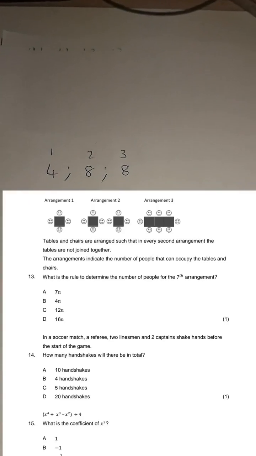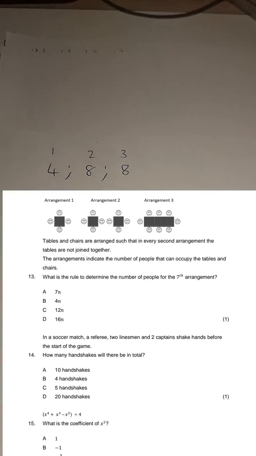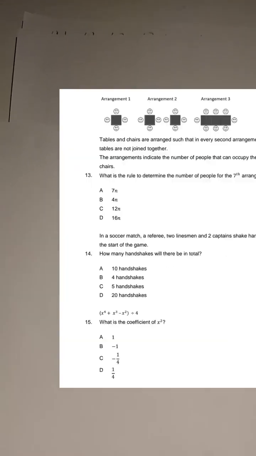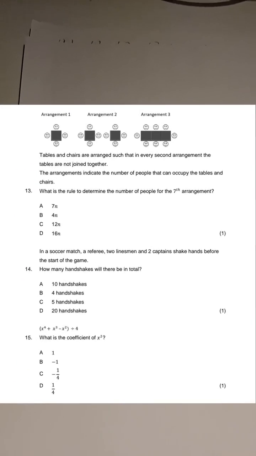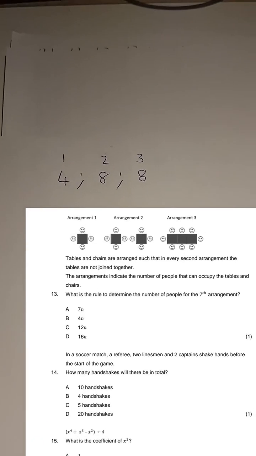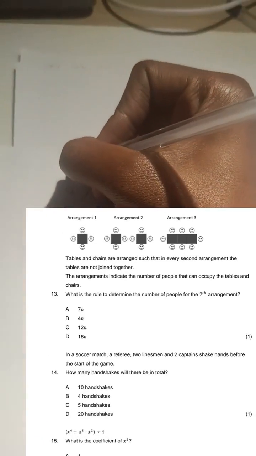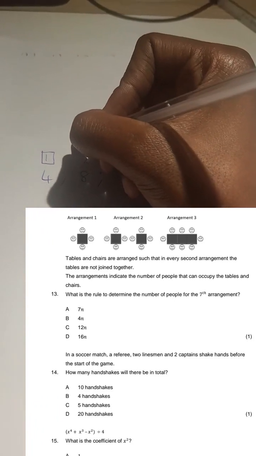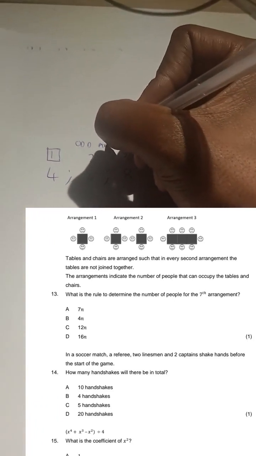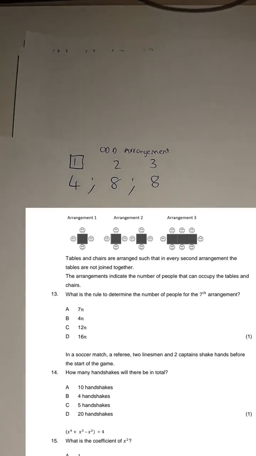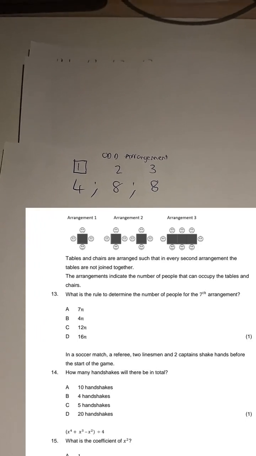Now I want you to note something very, very critical. They wanted us to determine the rule for the number of people for the seventh arrangement. So I want you to be clear here that for the seventh arrangement, we are talking about the odd arrangements.